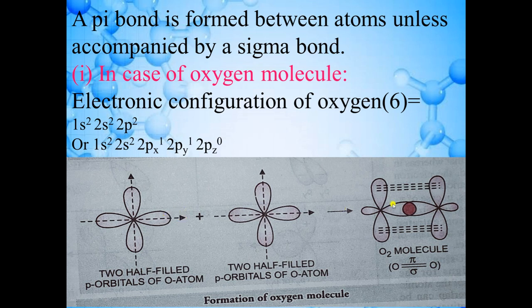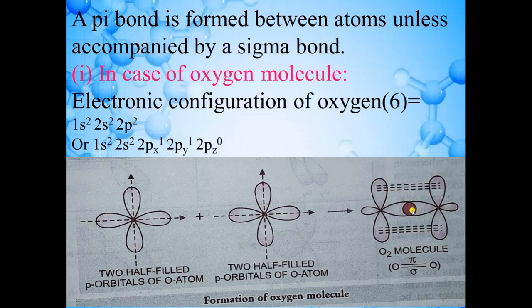So here you can see that this is the overlapping area. So there will be overlapping between the p orbitals. What type of overlapping is this between these two orbitals? This overlapping is known as end-to-end overlapping or head-to-head overlapping, and this overlapping forms a sigma bond.